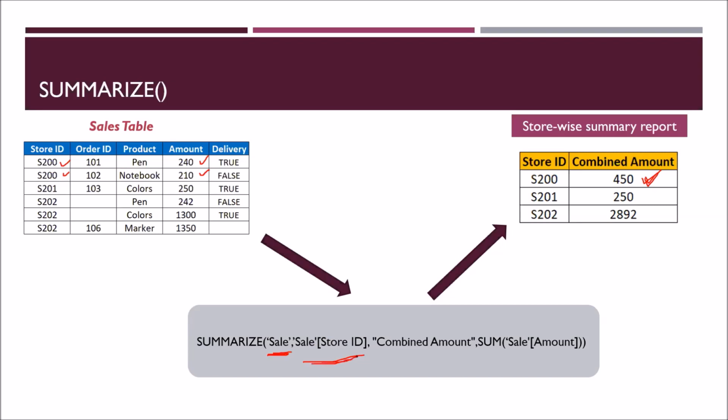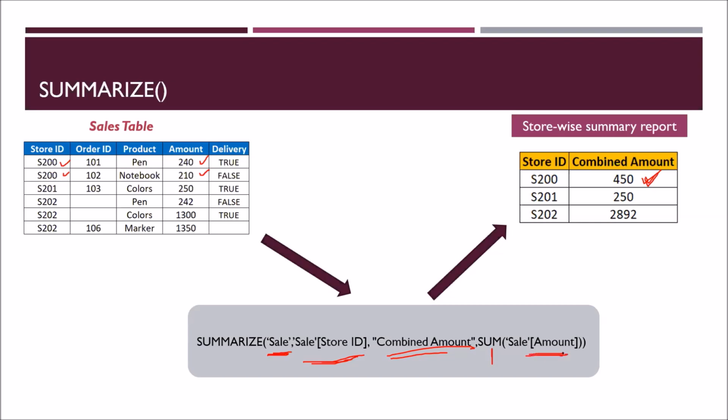My third argument is the name of the new column which I want to give. In this case, it is combined amount. And my fourth argument is the expression which I want to perform. The expression is SUM, and this sum is performed on the amount column, so that is why I have amount.